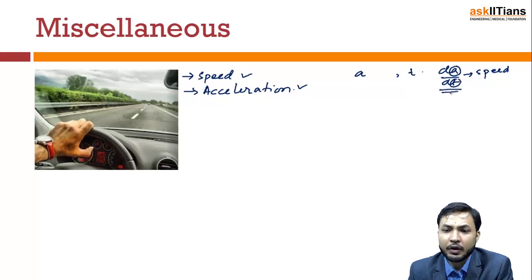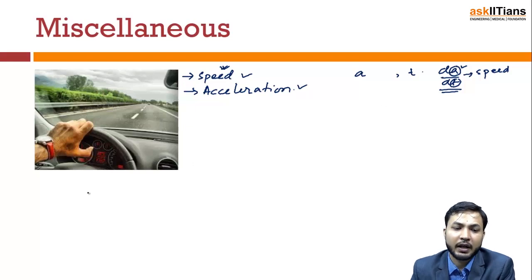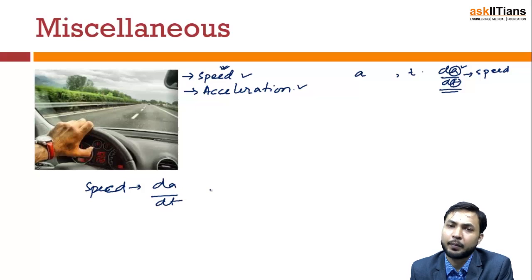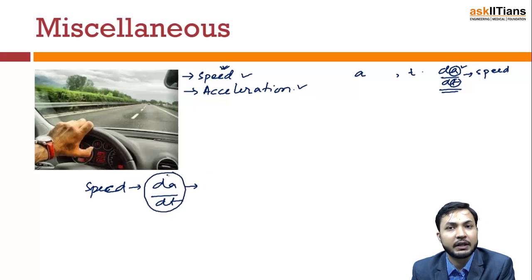So in the application of derivatives, calculating speed is one of the most commonly used derivatives, right? dA by dt, when I apply it for speed, is the most common one in practical life. This will also be important for you in physics, so keep dA by dt in mind.